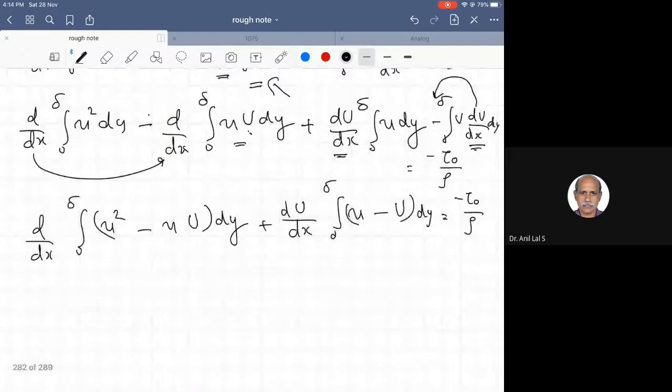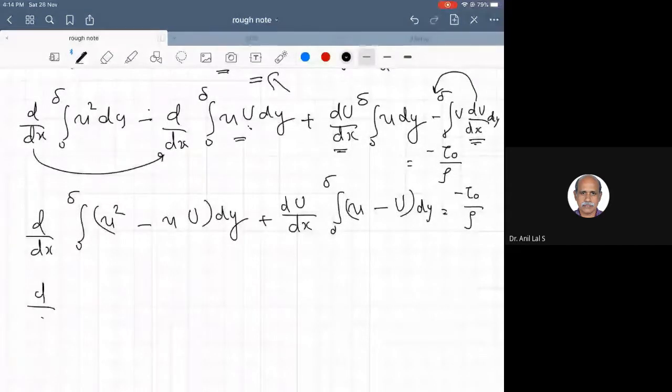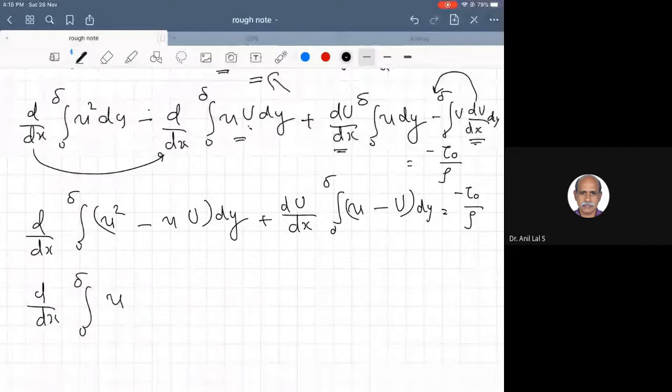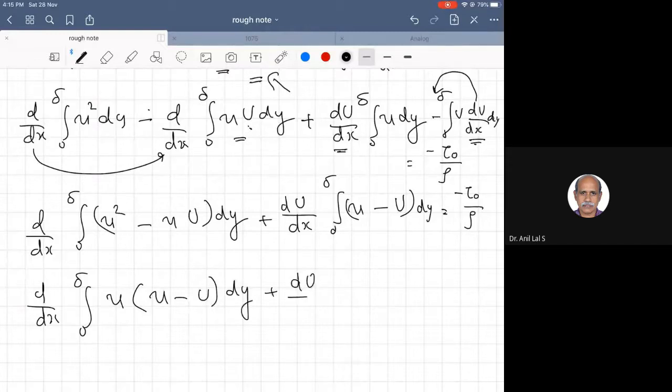And this is d by dx of the integral from 0 to delta, with small u taken outside, of u minus capital U dy, plus d capital U by dx, plus the integral from 0 to delta of u minus capital U dy, is equal to minus rho naught by rho.